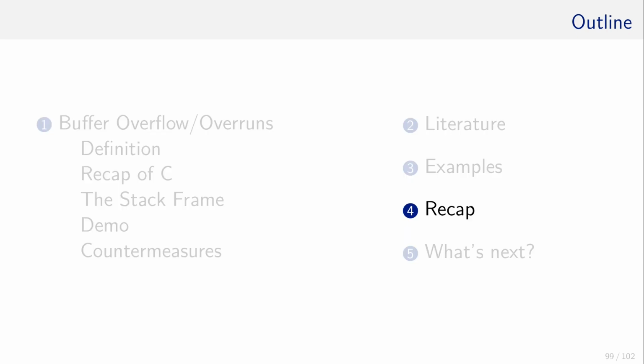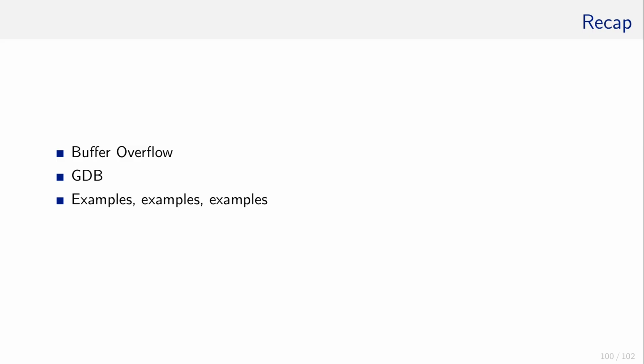In this chapter, we did quite a bit. We started off with a buffer overflow and how easy it can occur. We had the buffer overflow in a function overwriting the return address on the stack. We also talked a little bit about countermeasures to mitigate the effects of such an overflow. To demonstrate what happens on the stack, we used a debugger called GDB.